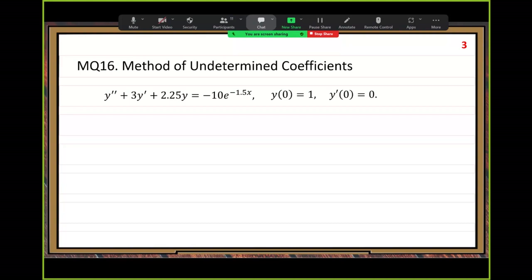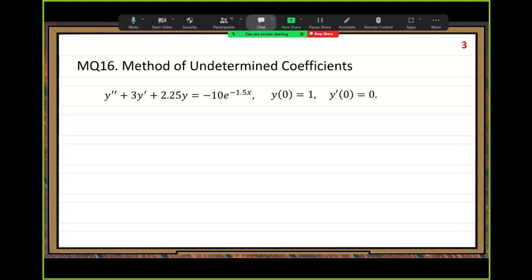Otherwise, it's too hard, so we cannot solve. All right. So there is an r of x function on the right-hand side. So then we need to find a particular solution.